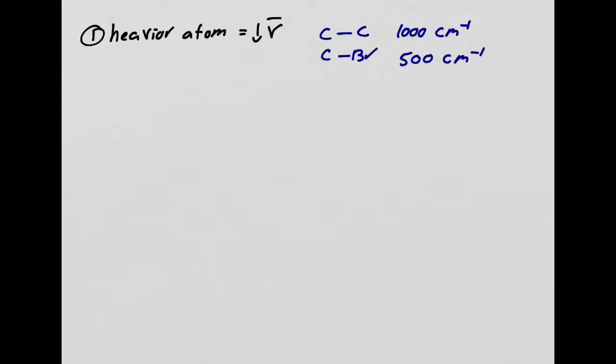Okay, so here I have 2 covalent bonds. This one is heavier. The heavier atom, the wave number is going to go down. So the IR frequency is going to go down. You guys are good so far? Okay. Ready for the next scenario? Number 2. What happens if you have a stronger bond?